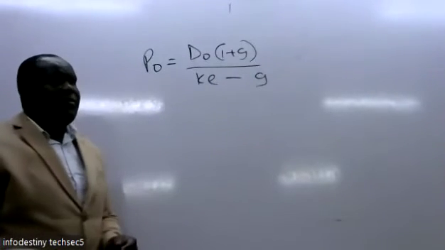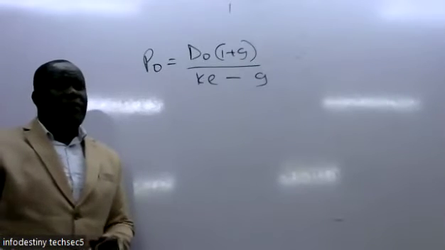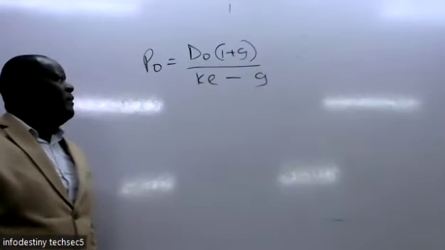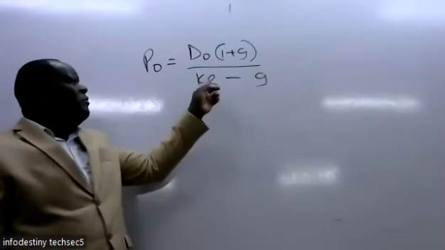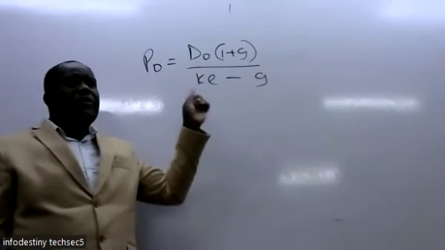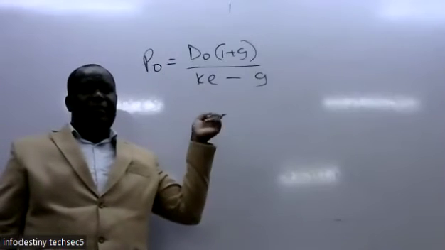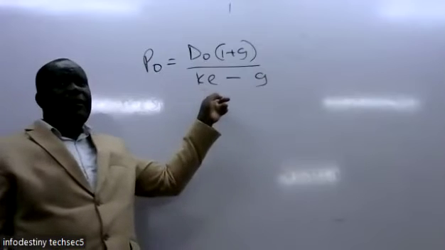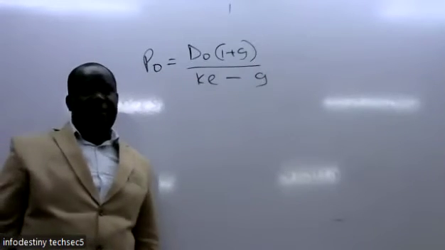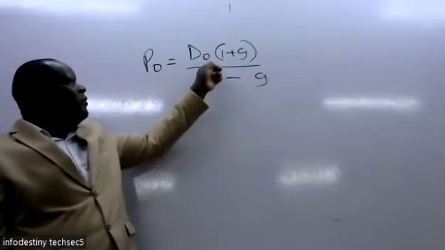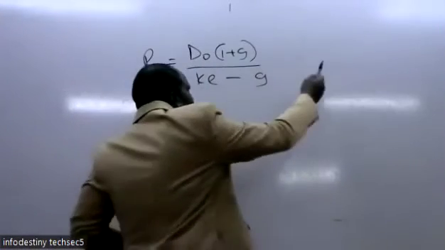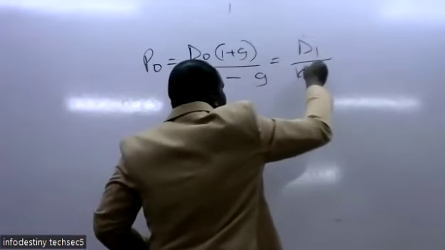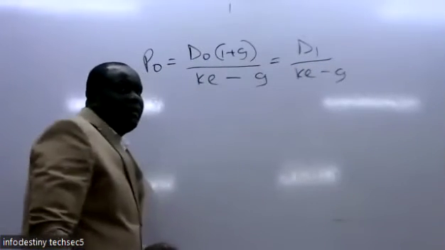You have some knowledge about this formula from calculating the cost of the ordinary share, that was Ke. You make P0 the subject, whereby D0, when you increase it by the growth rate, will definitely be D1 divided by Ke minus g.